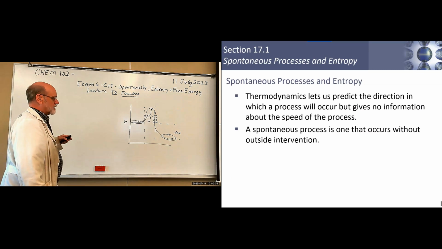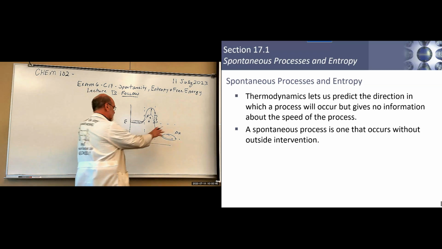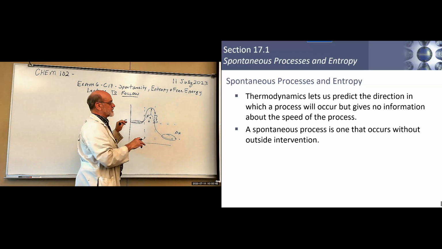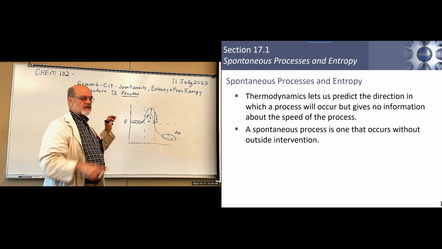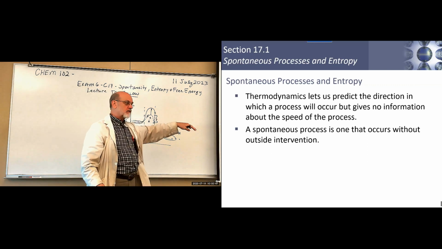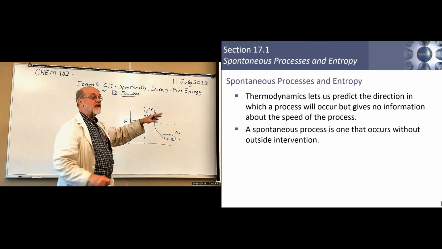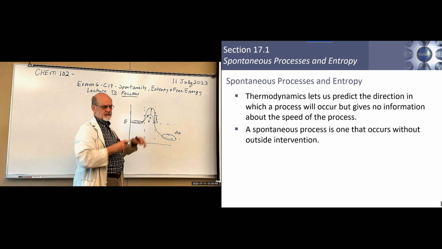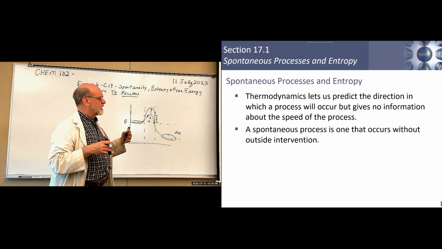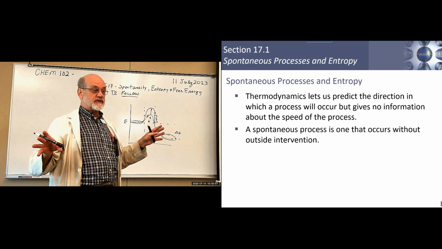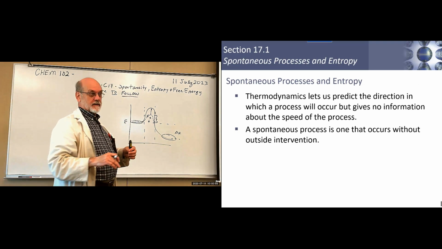The thermodynamics, being involved with these two, helps us to predict whether a reaction is spontaneous in the forward direction or spontaneous in the reverse. If it's spontaneous in the forward, it's non-spontaneous in the reverse. Spontaneous, by that we mean the process occurs without any outside intervention, right?